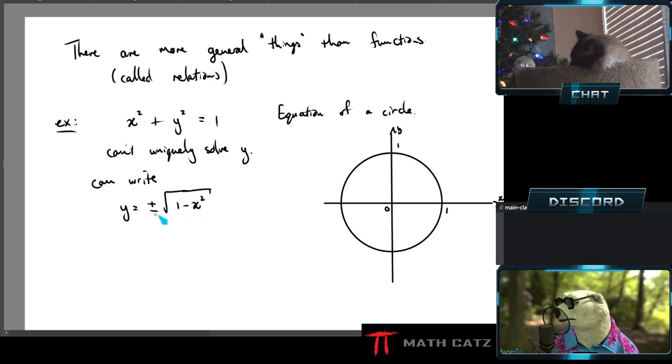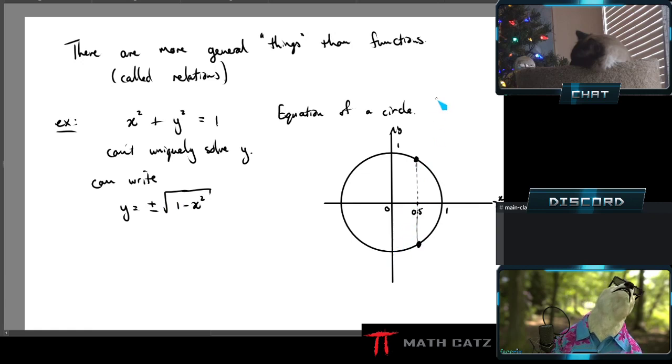Right. But there are two things here. For example, if I pick a half, let's say I pick 0.5, the y value that corresponds to 0.5 is not unique. There's a plus and there's a minus. And that is not a function.